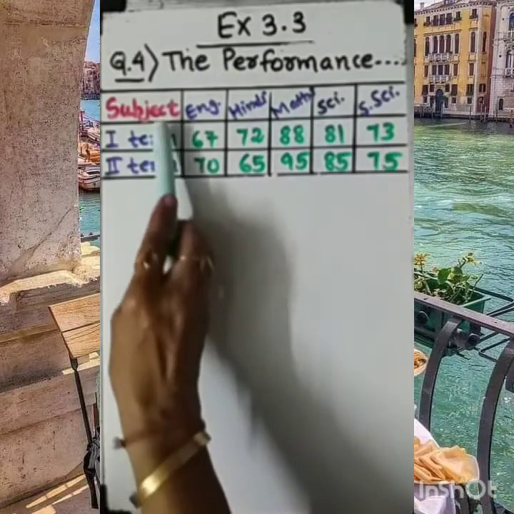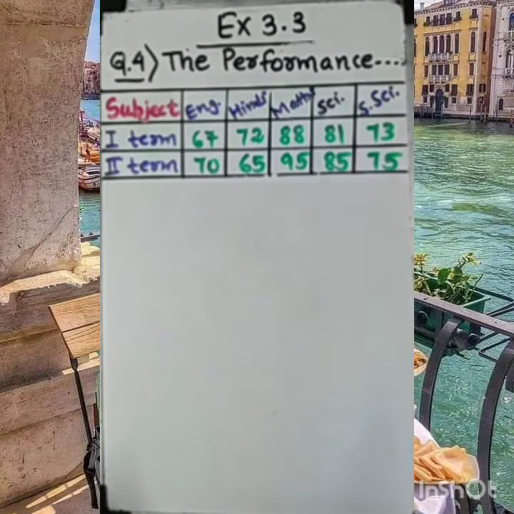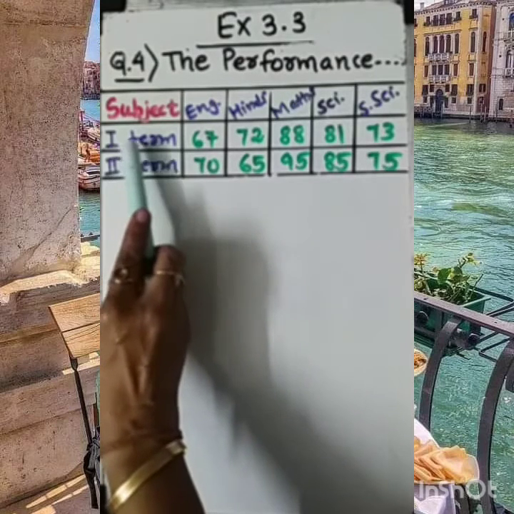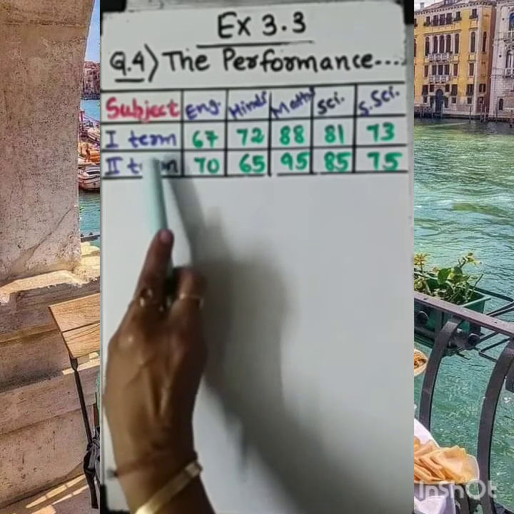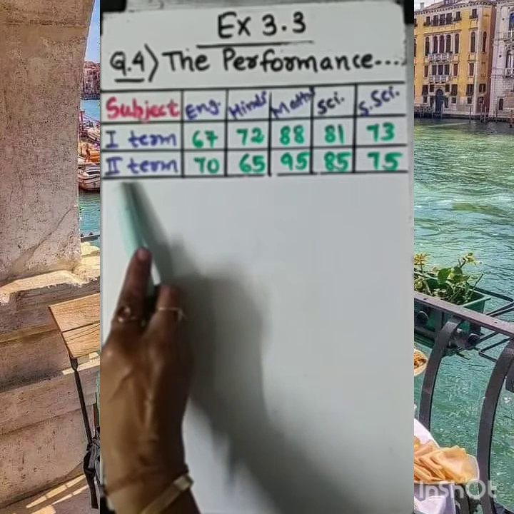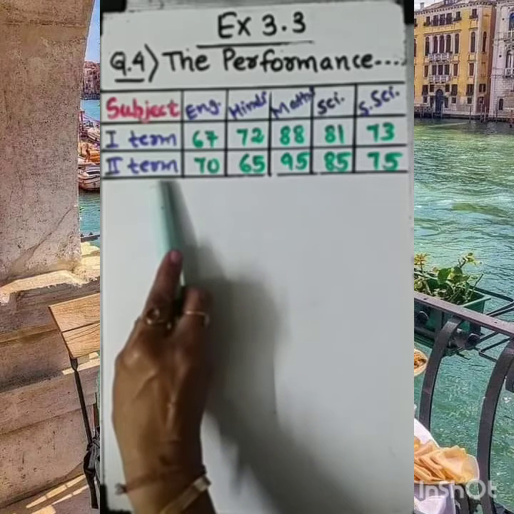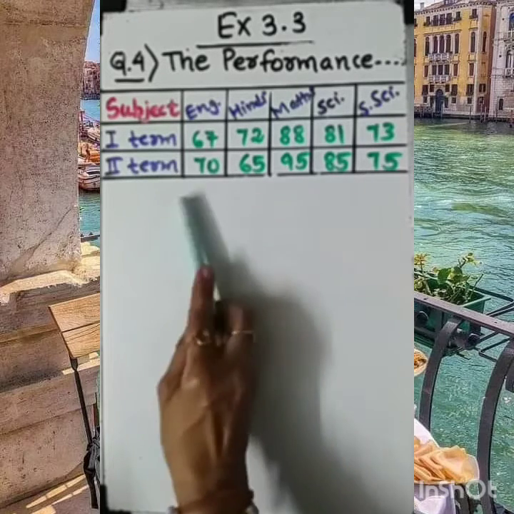Here are the subjects English, Hindi, Math, Science and Social Science. 5 subjects are given and the marks out of 100 for each and every term, means 2 terms are there, first term and second term. Maximum marks are 100 out of 100 in both of the terms. Here it is given on the screen.